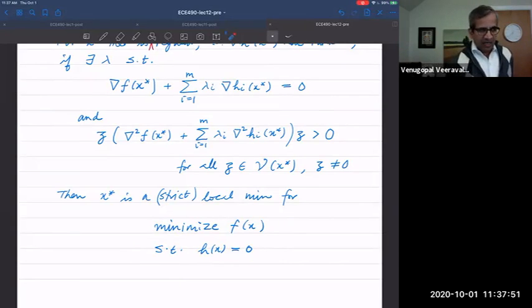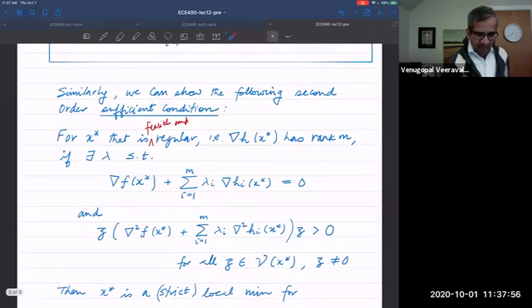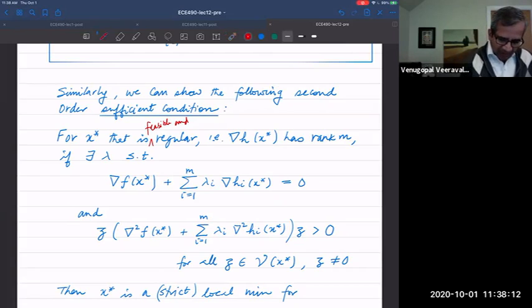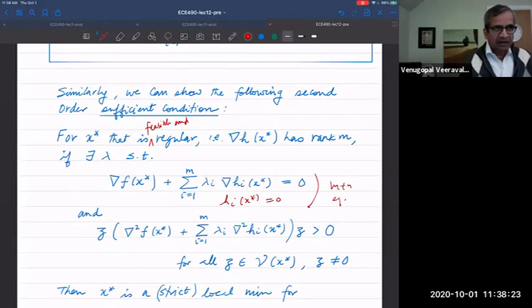So when you're trying to find analytically the solutions to the constrained optimization problem, what you'll do is look at the equations that you would get. You would combine this gradient equation with h_i of x star equal to 0, and solve these m plus n equations for lambda and x star.